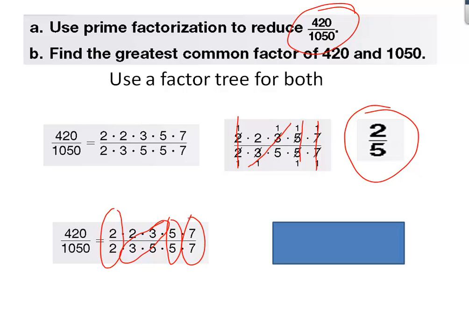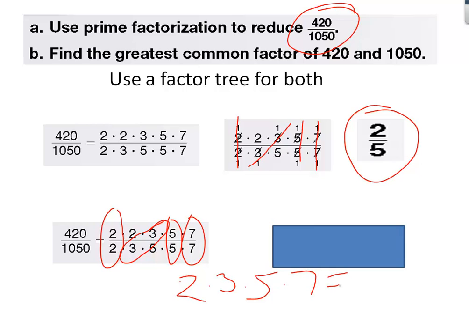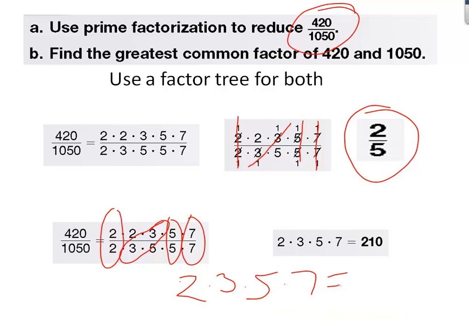Both numbers have a 2, both numbers have a 3, both numbers have a 5, and both numbers have a 7. And we're going to times those together and get our answer. So we find that the biggest number that goes into both 420 and 1050 is 210. And that would be our answer for B.